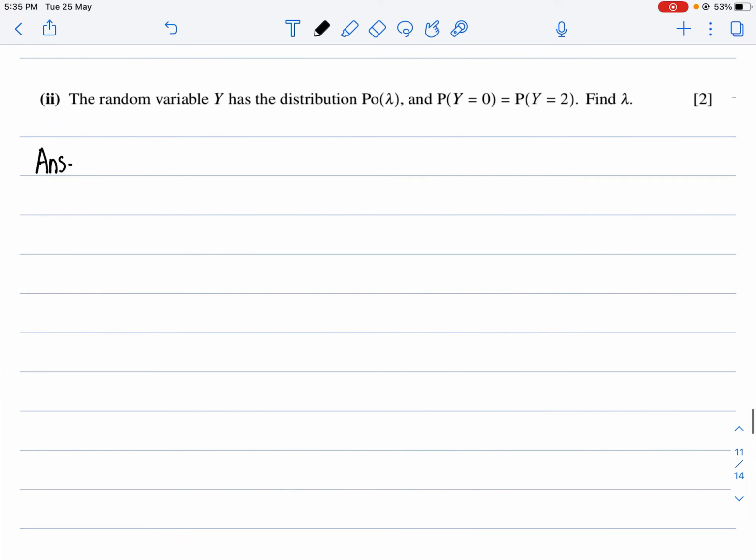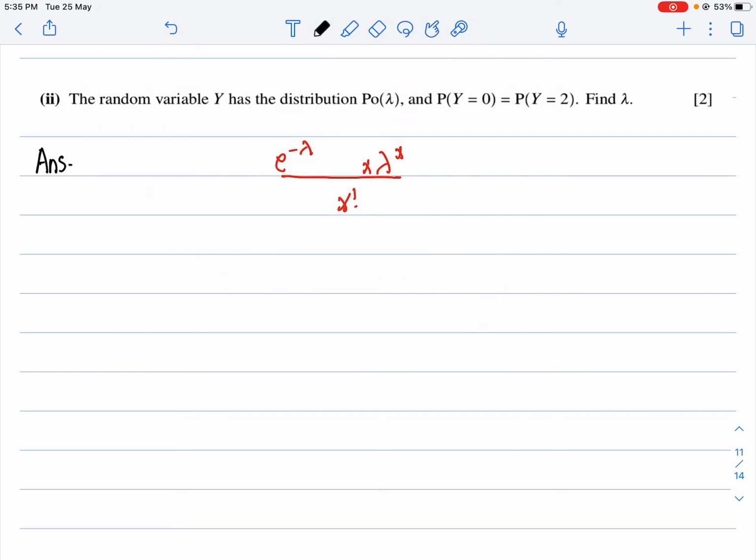Now the random variable y has a distribution Poisson with lambda, where p of y equals to 0 is equal to p of y equals to 2. Now we know the formula is e raised to minus lambda into lambda raised to x over x factorial.